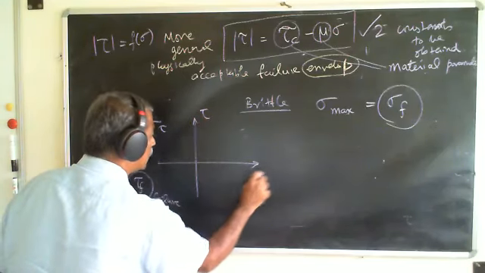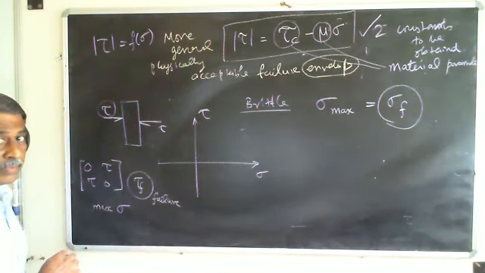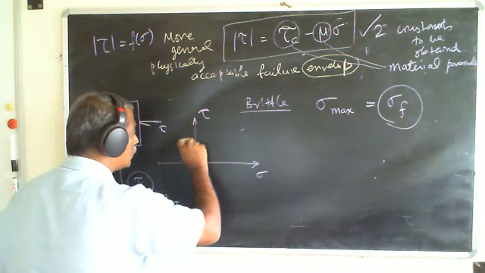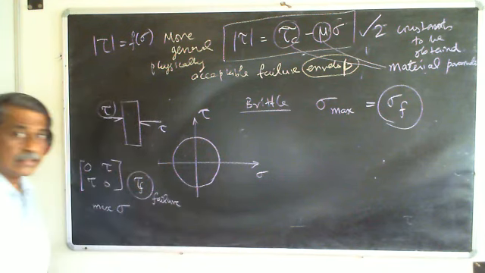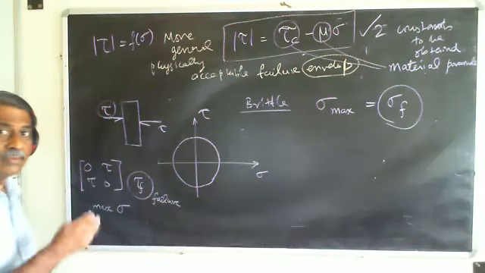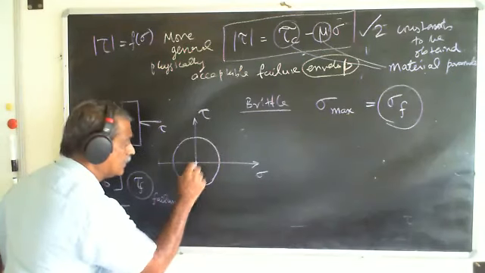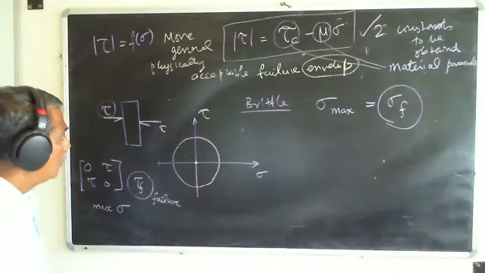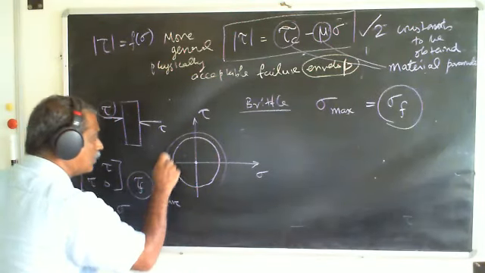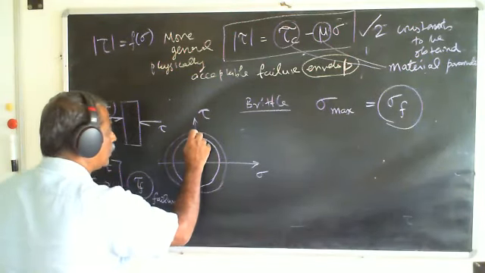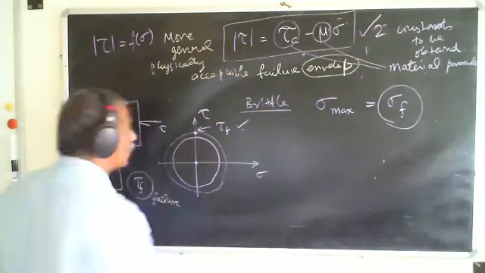Tau, sigma, and for this the Mohr circle will look like this. Am I right? Yes or no? This is at the center. Now, as I keep increasing, this circle is going to become larger and larger, and at a particular point, let's say tau f, the failure occurs.